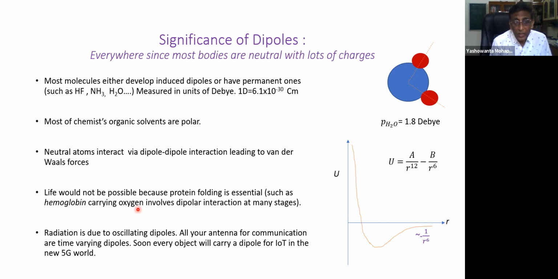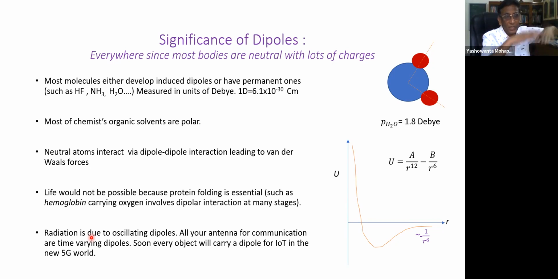And of course, oscillating dipoles. In your mobile you have a dipole which is oscillating, and that is how it is communicating with the dipole on the tower. For example, even a coat hanger can be used as a dipole. Sometimes you might have used one in the early days of TV transmission.